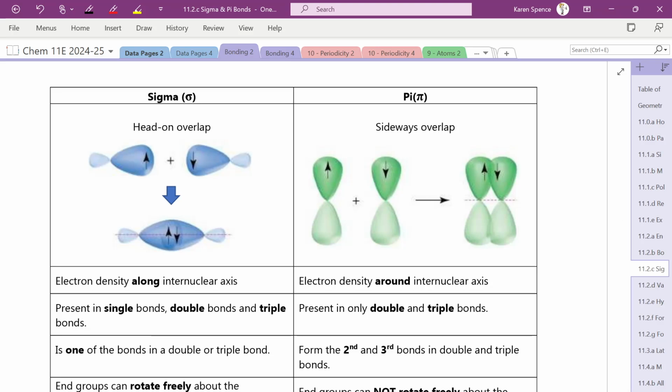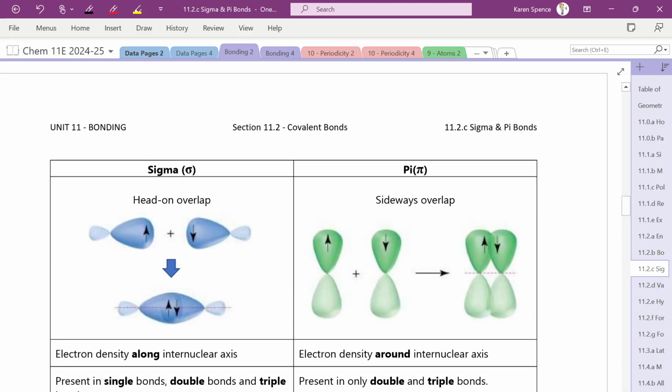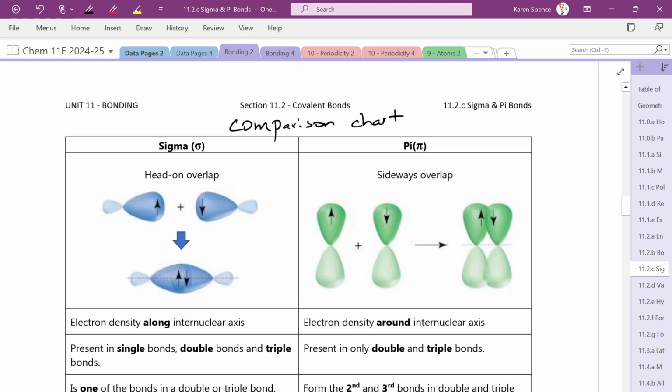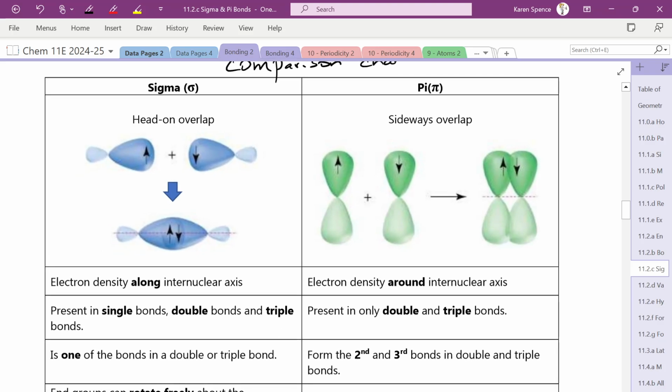So here is a comparison chart. Sigma bonds, head-on overlap. Pi bond, sideways overlap. Sigma, electron density is along the internuclear axis. Pi is around the internuclear axis.